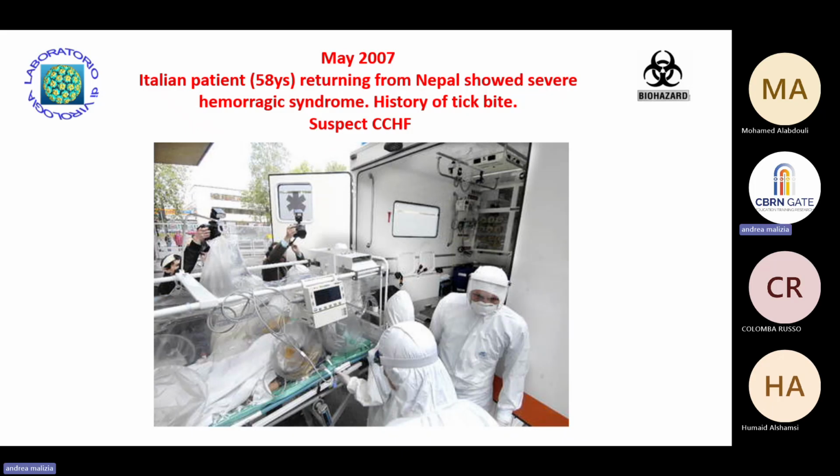When a person tells me that they have a history of tick bite and show hemorrhagic fever, the first suspect is usually Crimean-Congo virus, but instead it was dengue virus. Dengue virus can also cause hemorrhagic fever, but it is transmitted not by tick bite but by mosquito.